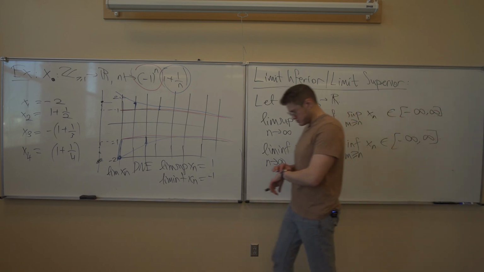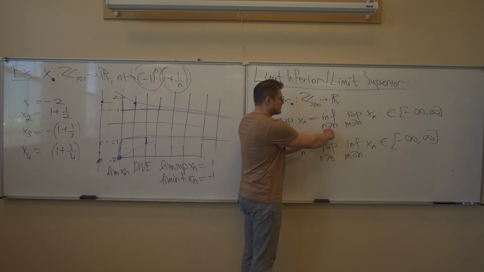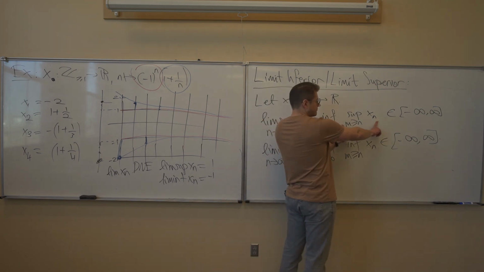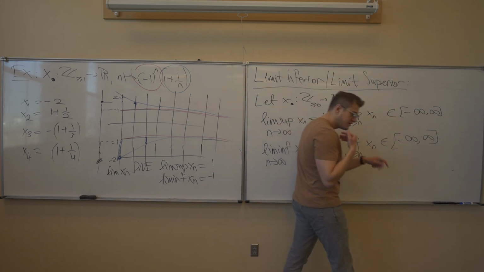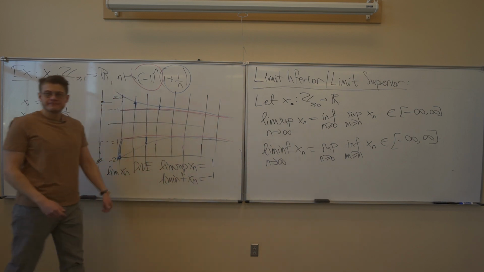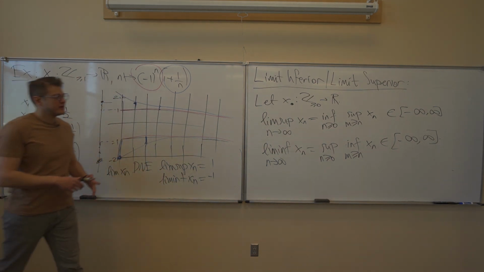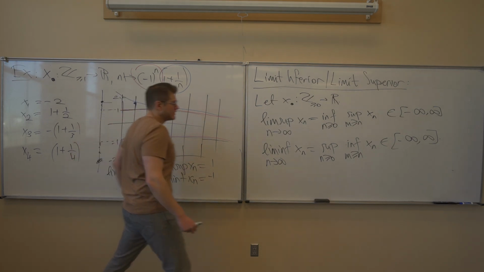Okay. So you see, for fixed n, I look at the tail. I look at the upper bound, or best upper bound for the tail, and then I let the tail go to infinity. Okay. That's literally the idea. Let me perhaps write it like this as well.